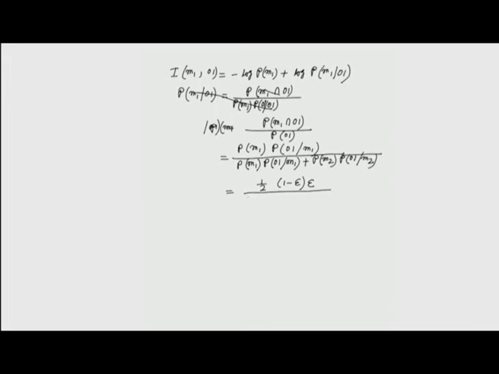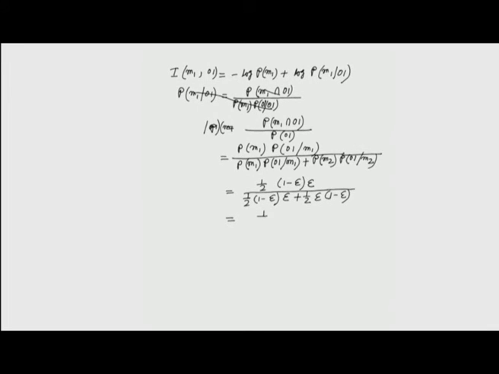In the denominator we will have half into 1 minus epsilon into epsilon plus the same expression, half into epsilon into 1 minus epsilon.